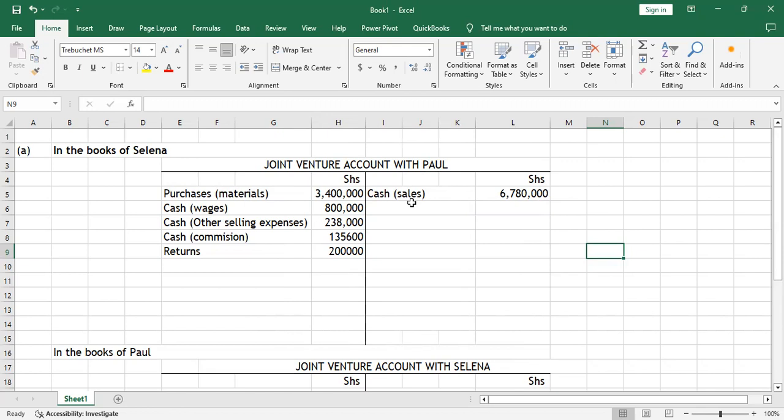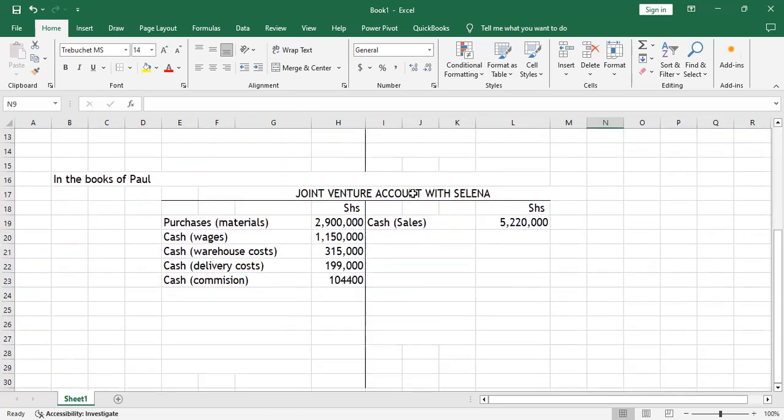So you see, we are just using the basic double entry principles. Of course, the same in the books of Paul. In the corresponding accounts, there will be credit and debit entries, more so in the cash book. So that's what we have so far.